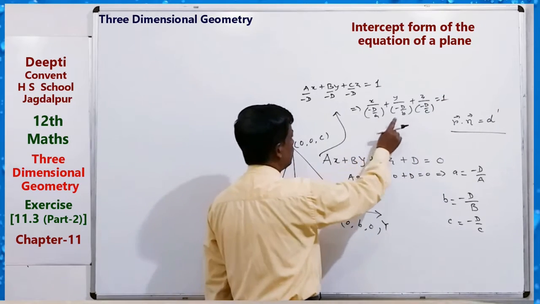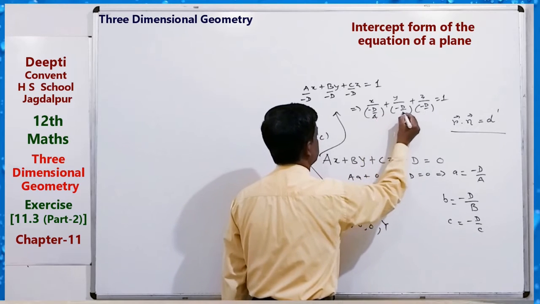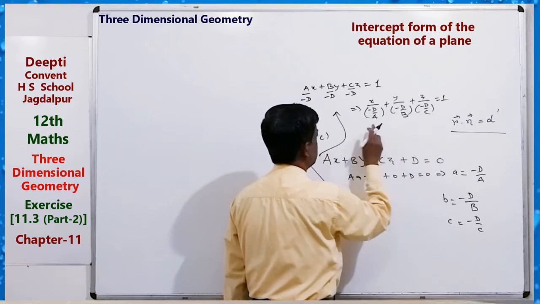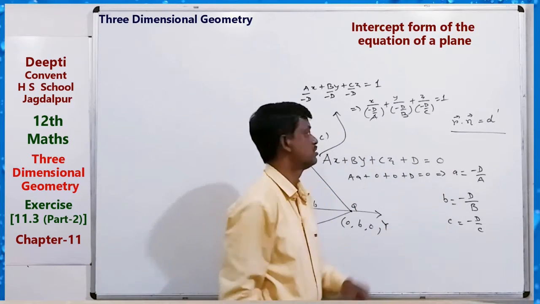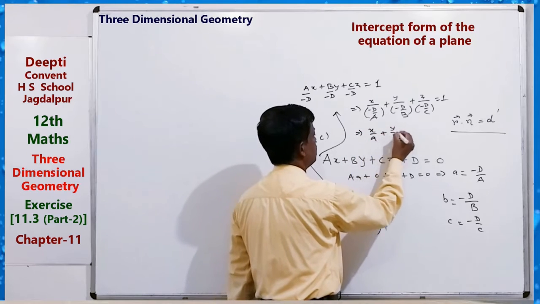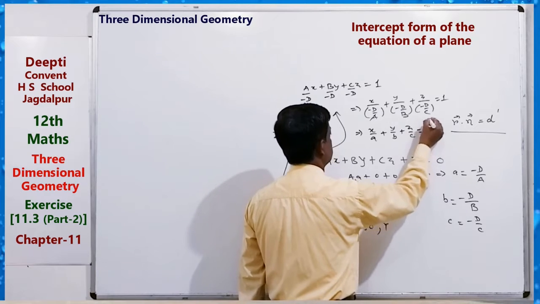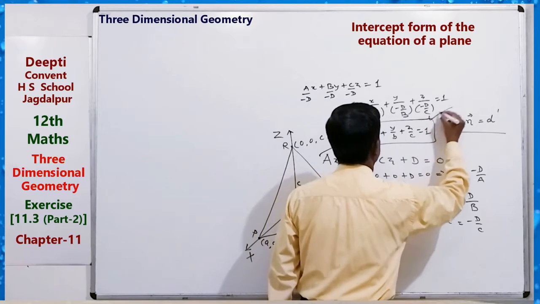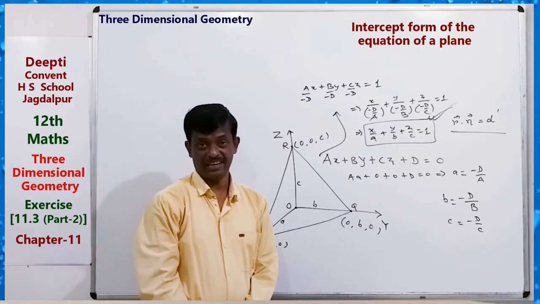This is small a, b, c, so we can write x by a plus y by b plus z by c equals 1. So this is our equation of the plane.